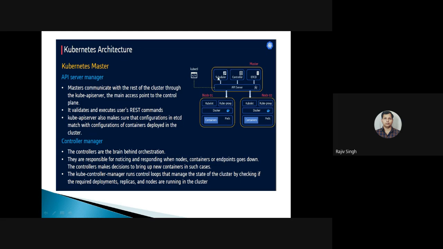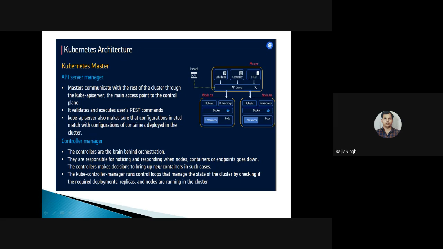You will not connect to the scheduler, controller, etcd, or any worker node. You will connect directly to the API server. So the API server provides the interface to connect from the outside, and it is also responsible for communication between the master and worker node. It is also responsible for communication between the components of the master node. So this is the API server.